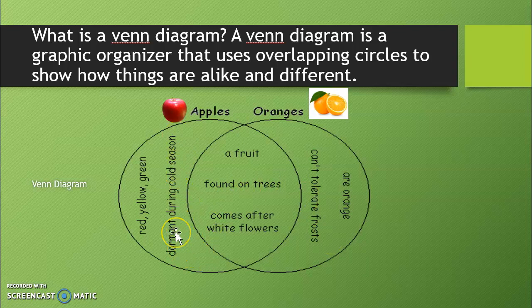It doesn't grow. And we can add the other things that we talked about earlier in this Venn diagram. So our Venn diagram is used to show how the things that we are comparing are alike and how they are different.